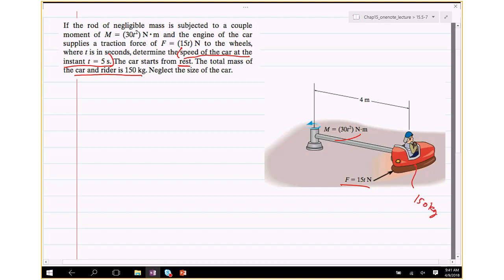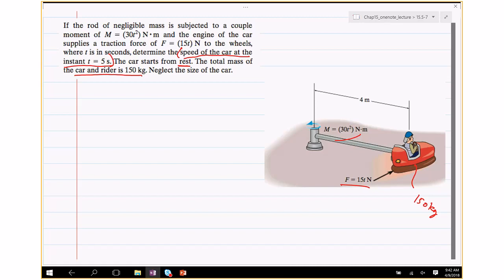When you read this question, a couple of things stick out, which is you're told to find the speed of the car when the time is 5 seconds. So again, you're asked to find v as a function of t. When you see v as a function of t, I would recommend using either linear impulse and momentum or angular impulse and momentum.